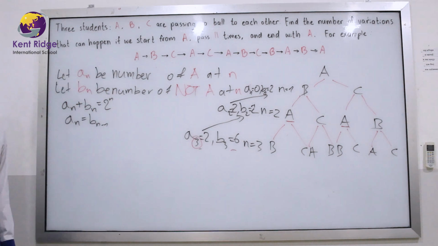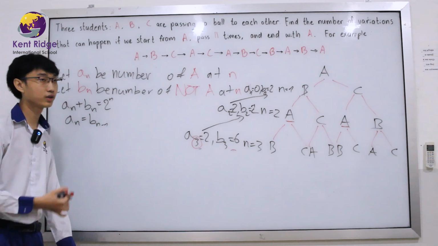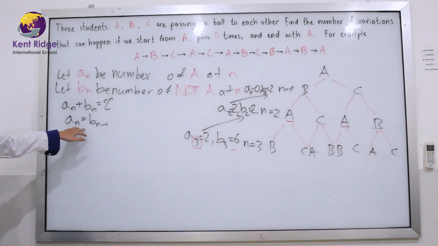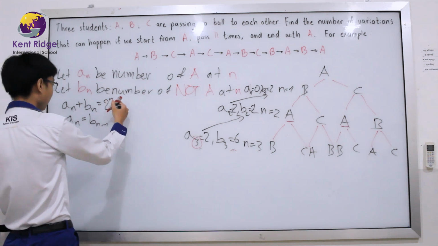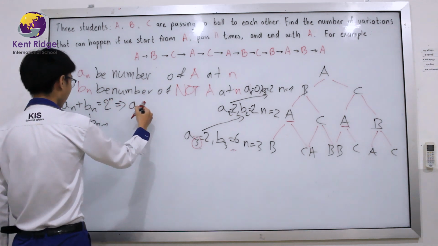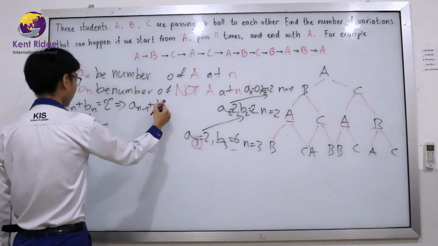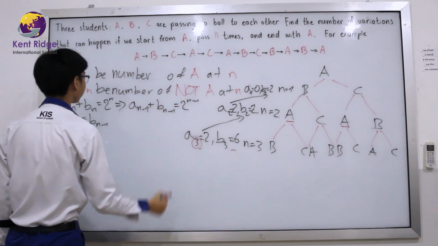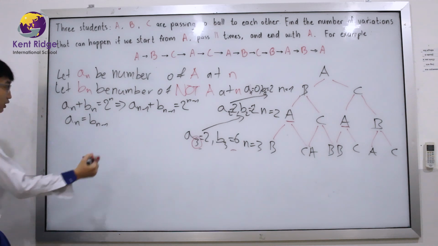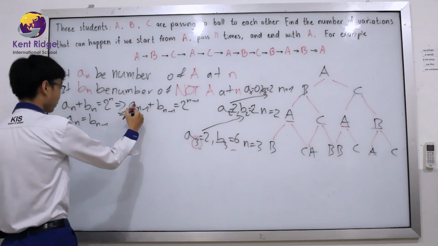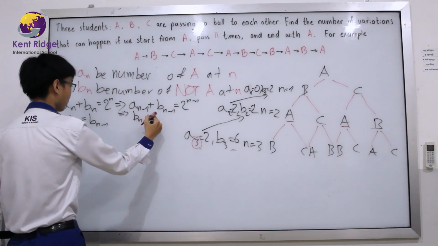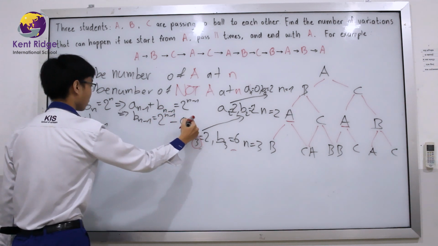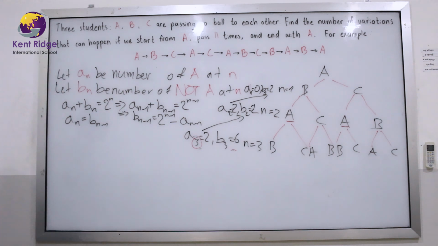Because if the ball gets passed to A, it can only come from a player that isn't A. So that's why we have this relation. This here means that A n minus 1 plus B n minus 1 is equal to 2 to the n minus 1. We can rearrange it. I'll get rid of the 3 for now.